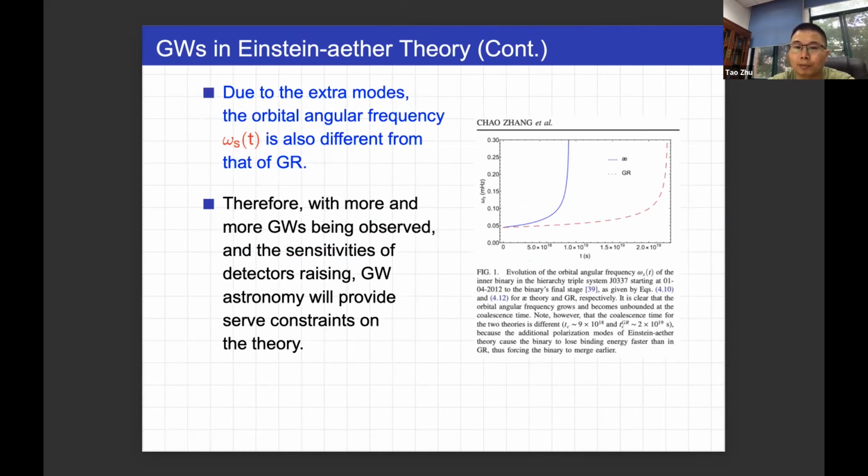As you can see from this figure, the frequency grows more rapidly than that of GR because we have additional radiation, the radiation of the scalar mode and vector mode. Therefore, with more and more gravitational wave events being observed and the continued improvement of the sensitivity of detectors, gravitational wave astronomy will provide important constraints on the theory.